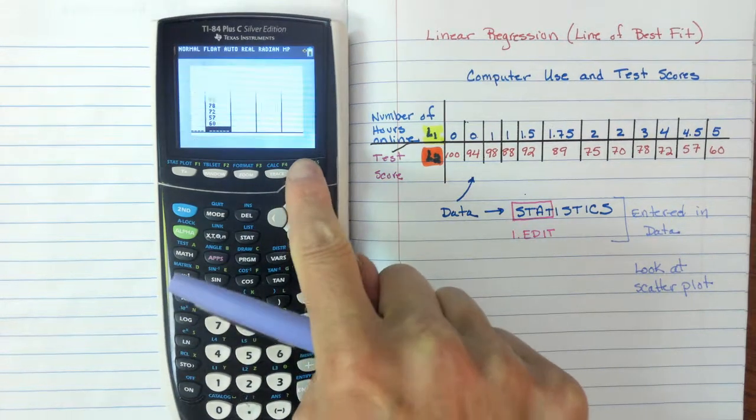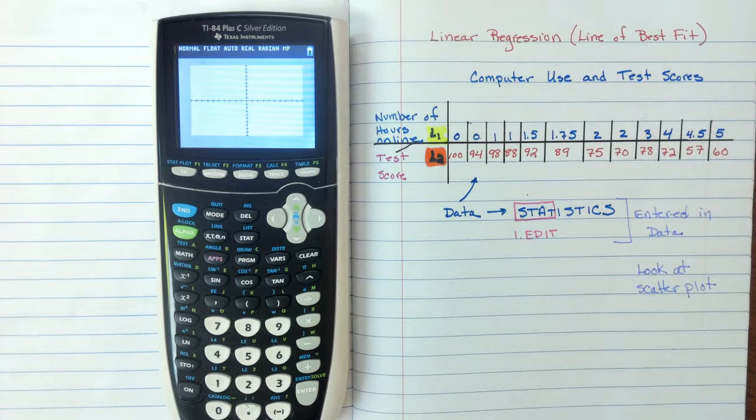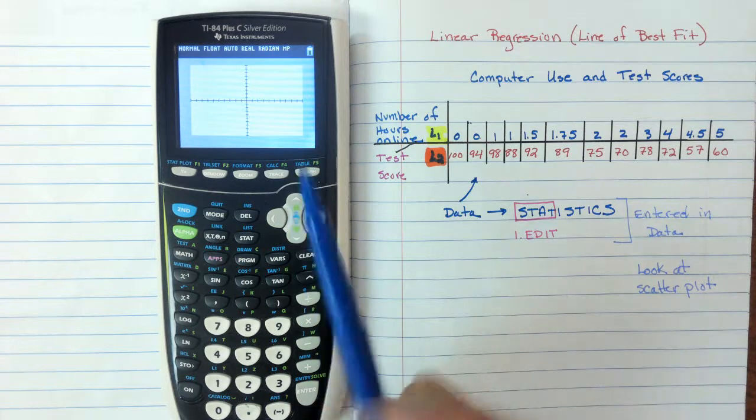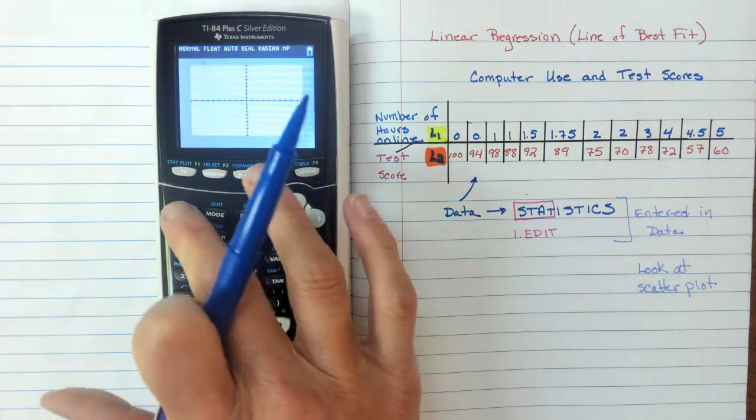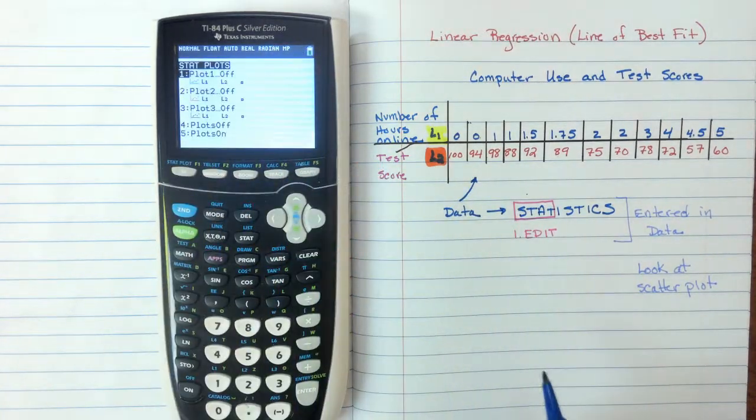If I were just to do graph right now, it's not going to show anything. So I have to direct the calculator on where to go. There's two ways I can do it. We look here, you see where it says stat plot? So I'm going to go second stat plot.